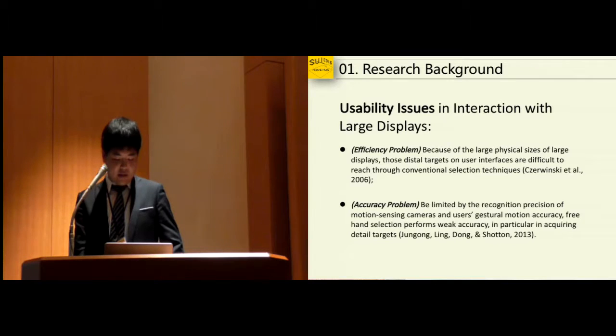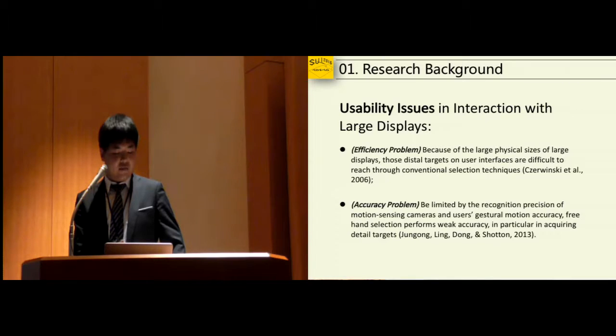First, large displays have a far larger physical area than users' visual fields and the area users can reach by traditional interaction methods. Thus, distal objects on large-scale user interfaces are more difficult to perceive and reach. These limitations cause efficiency problems of interaction on large displays.